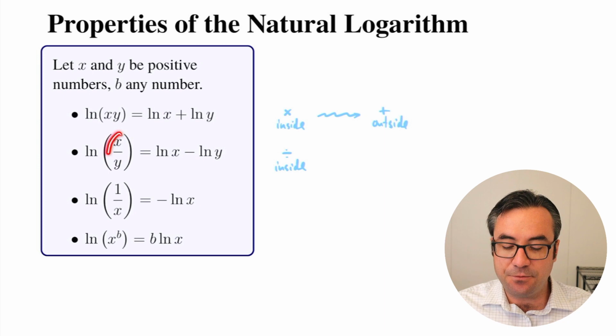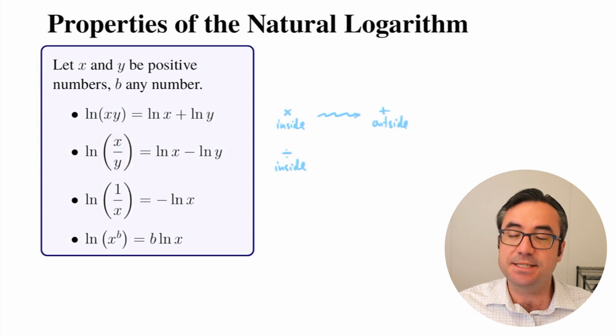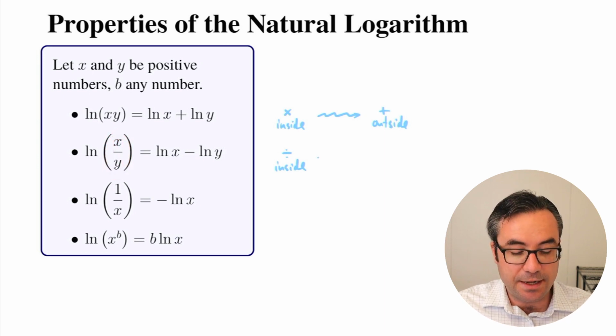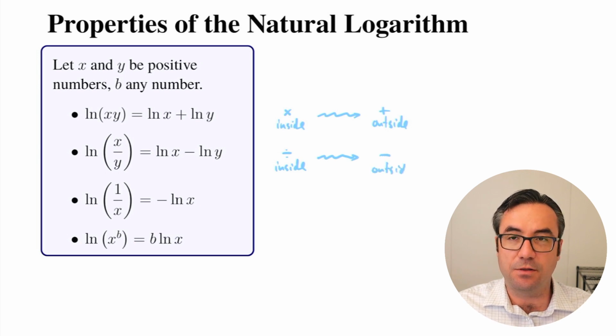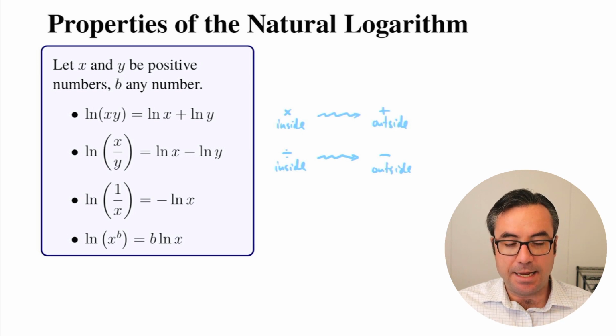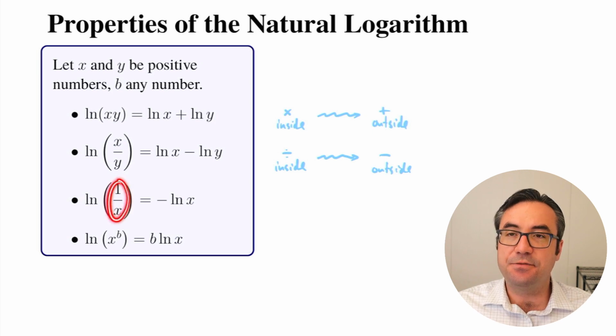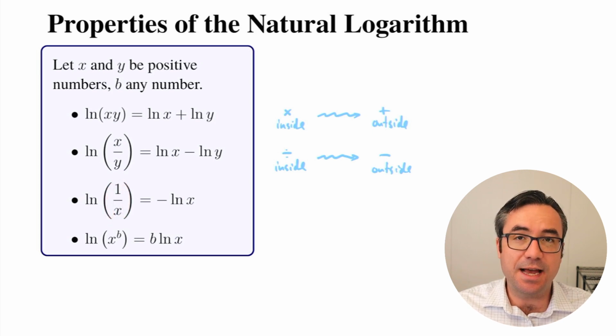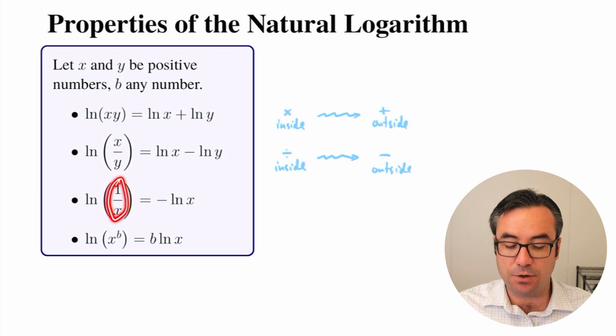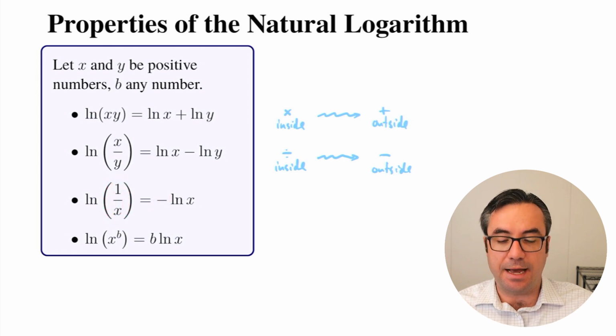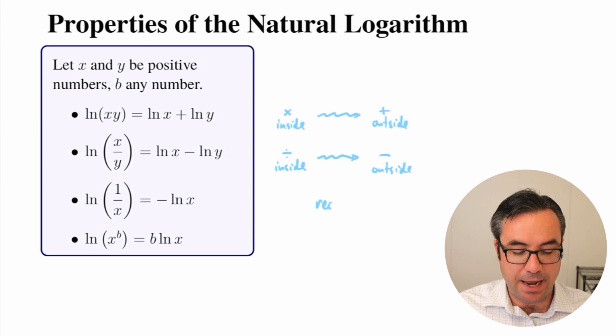So if we have division inside of our log function, that gets converted into subtraction outside of our log function. And a special case of this is if we have 1 over x inside a log function. If we have a reciprocal, then it becomes negative natural log x. So this tells us what happens with reciprocals.